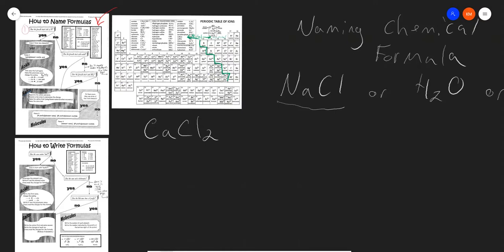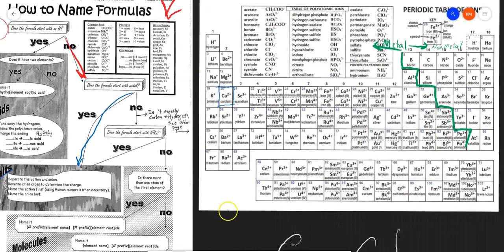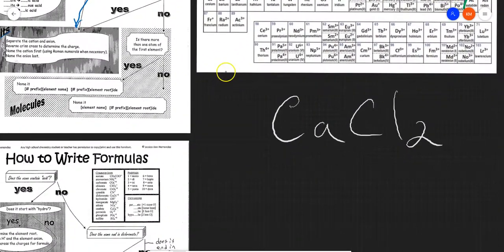Does it start with H? All right, CaCl2 does not start with H. Does it start with a metal? Look at my periodic table here. Ca is right here, calcium. So yes, it does start with a metal. So now I go here, and I go through the same process. All right.